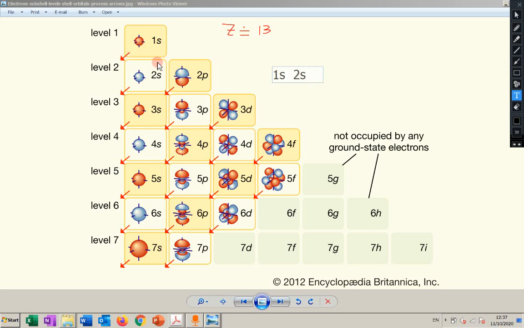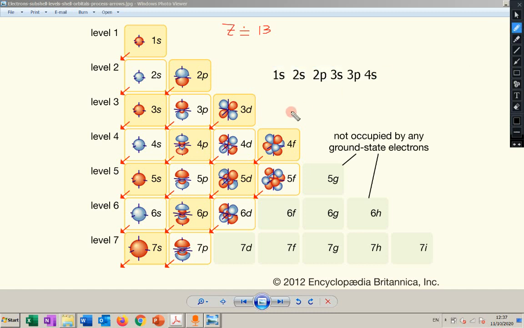So this is 1s, this is 2s, then 2p, 3s. I don't know how many I need, but I'm writing it down. If I don't need it, I will delete it. Then we'll go for 3p, 4s. Let's say maybe that's enough because we have 13, not too much.